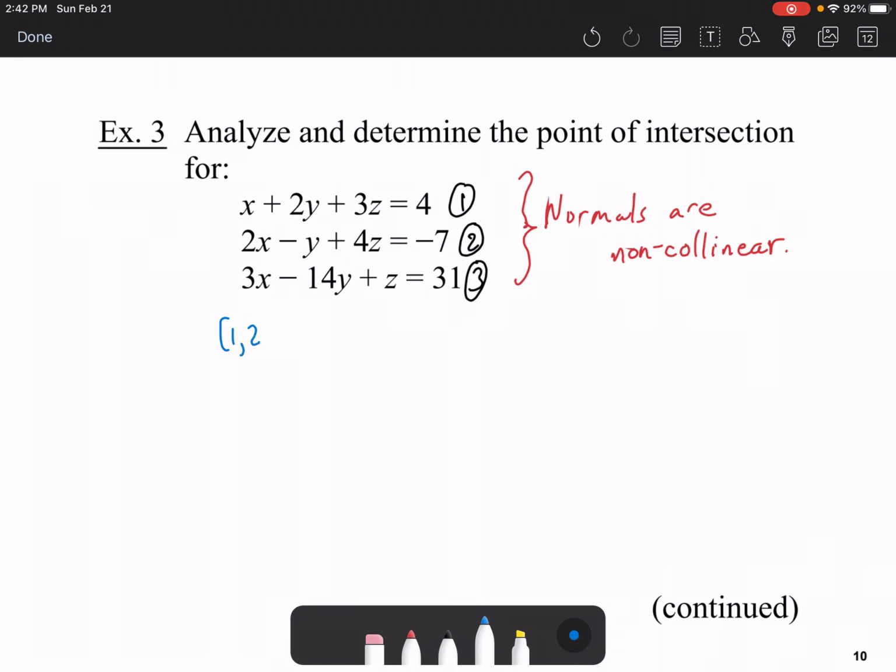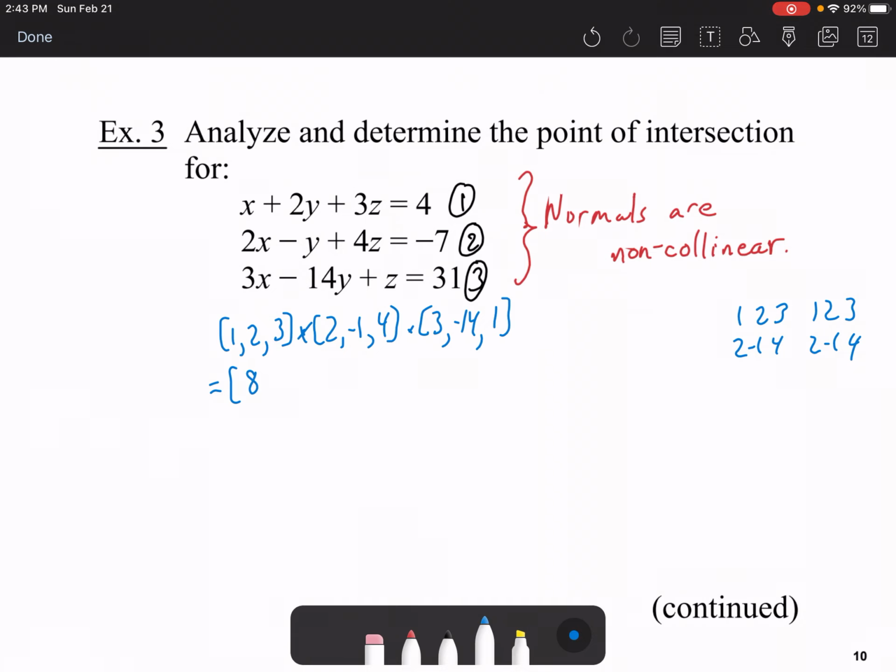So 1, 2, 3. This time I'm going to cross it with 2, -1, 4. And I'm going to dot it with 3, -14, and 1. Okay, so again, I'm going to write off to the side 1, 2, 3 and 2, -1, 4, and work out the cross product.